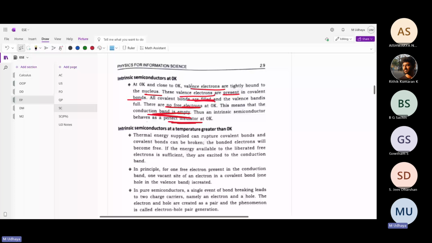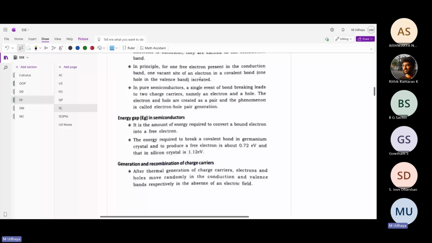If you provide sufficient energy, they can come to the conduction band and conduct. For one free electron present in the conduction band, one vacant site of an electron in the covalent band is created. So for each electron that goes to the conduction band, there is a hole here.